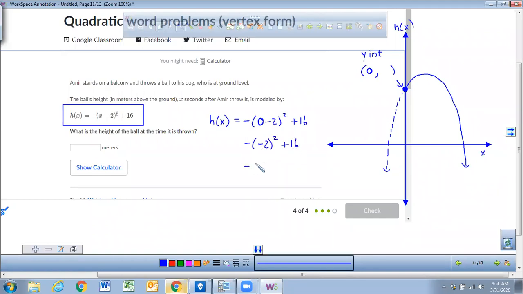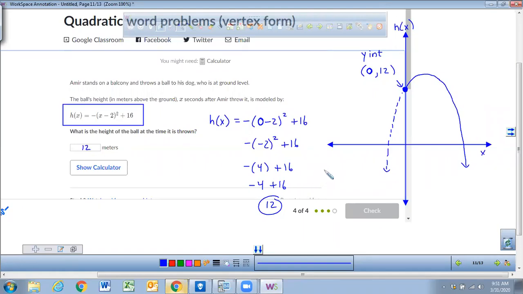Negative 2 times negative 2 is a positive 4. Negative 4 plus 16 is 12. So I'm going to say he's 12 meters above the ground. So my answer would just be the number 12.